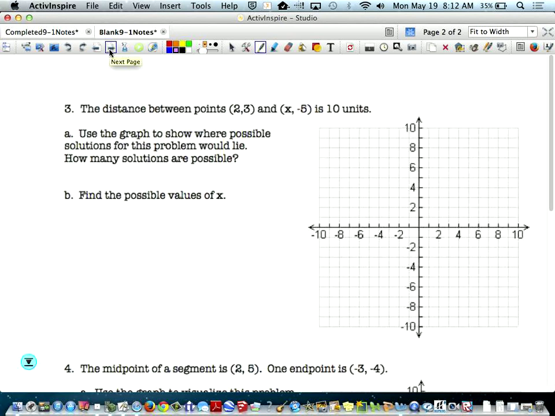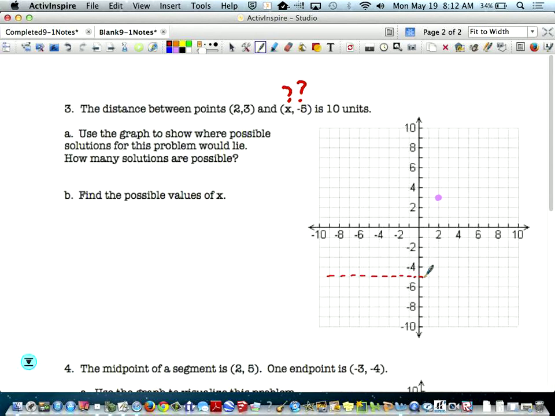The distance between points (2, 3) and (x, -5) is a distance of 10 units. So if we plot (2, 3), that's the dot that I know. (x, -5) implies that you're at a y value of -5, so go down here.